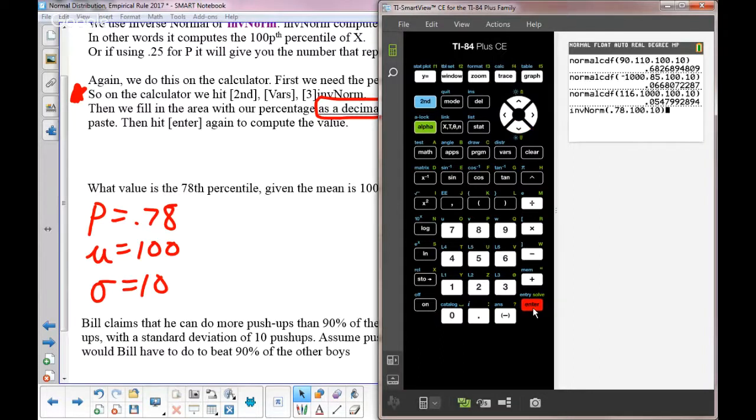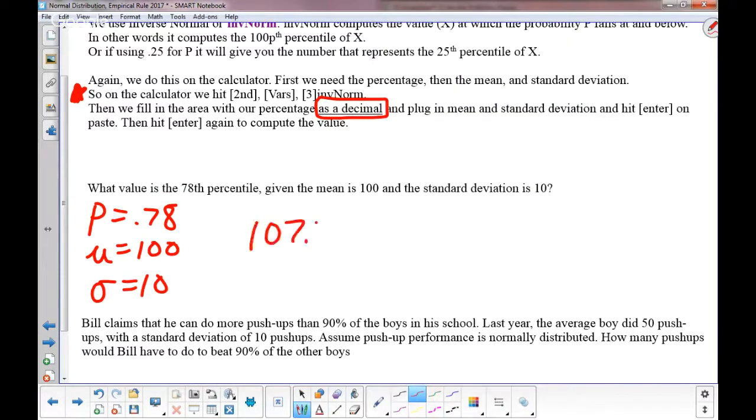Paste and calculate it. And you see that the 78th percentile with a mean of 100 and standard deviation 10 is 107.72. This one you can round to 2 decimals because we're taking an actual number. 107.72, and that's my answer. So someone with an IQ of 107.72 would be in the 78th percentile.